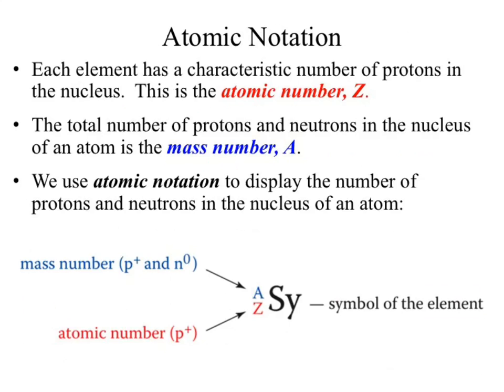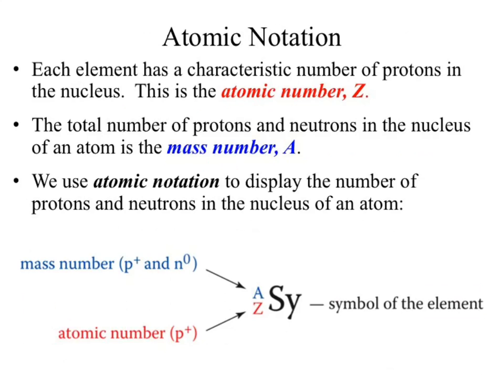So when we look at the periodic table, we need to know what each of those individual things mean. And if we're going to write out our symbol to account for all of that, what does it actually look like? Okay, so we want to come up with a notation. What we've got is an atomic number and a mass number. Your atomic number represents the number of protons, and in the neutral element, the number of electrons.